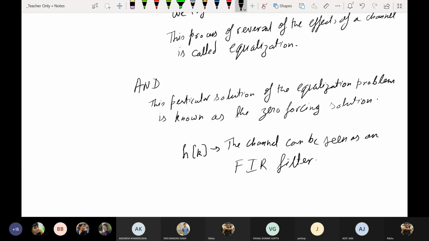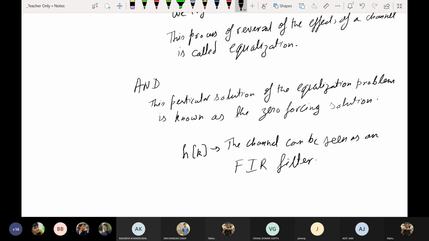And having a frequency response means that it'll behave differently with different frequencies. Yes, sir. That answers your question. Yeah, that answers my question.